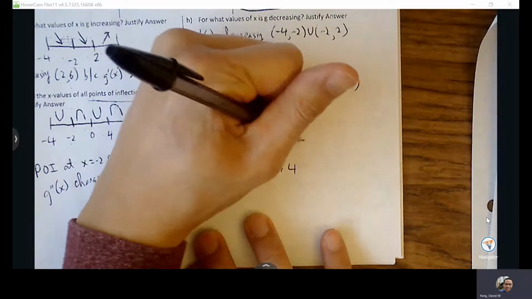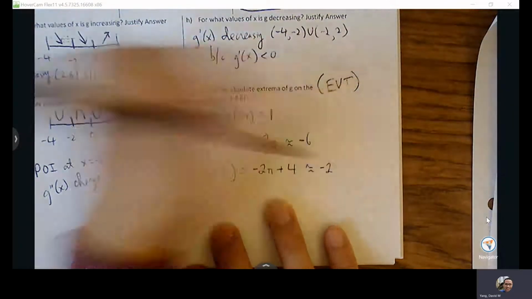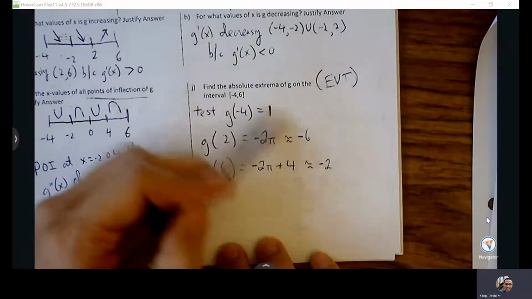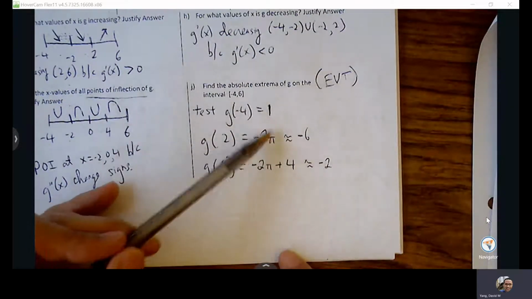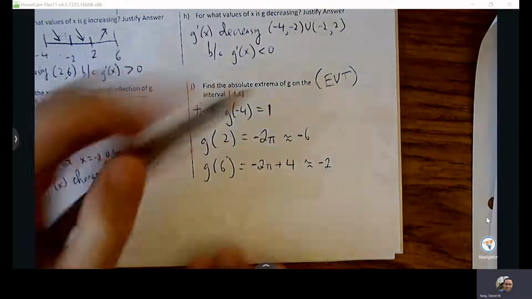This is around -6. This is around -2. So between these three values, we see the highest y value is going to be 1, and the lowest y value will be negative 2 pi.